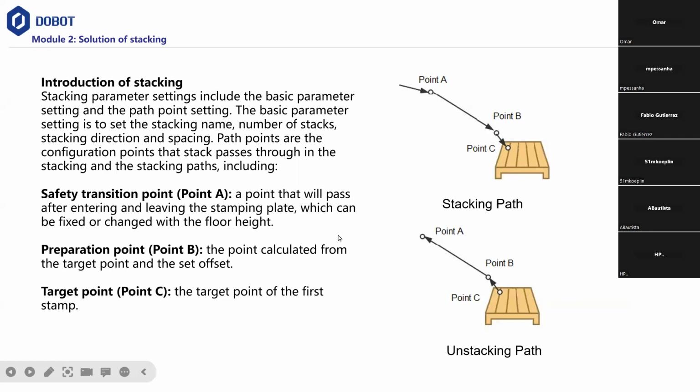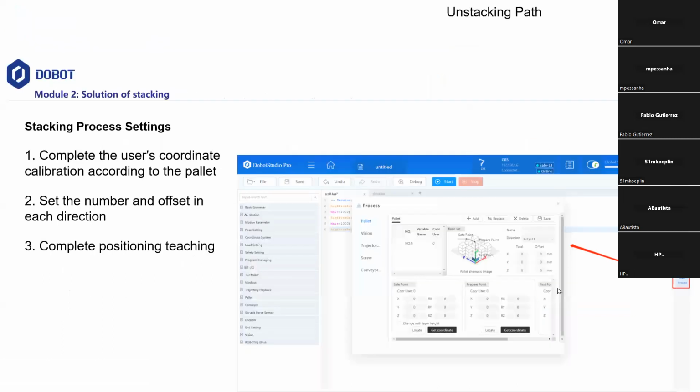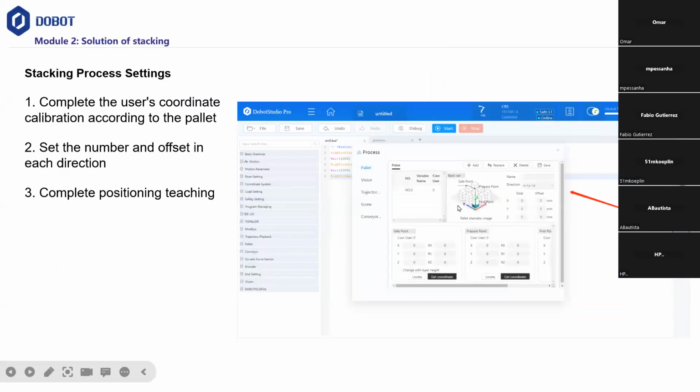So when you set up the process, it's going to be like this. This is the process interface. You set it up here, and you can see the save point. If you made the robot arm go to the save point, you can just hit get coordinate, and you memorize the coordinate.